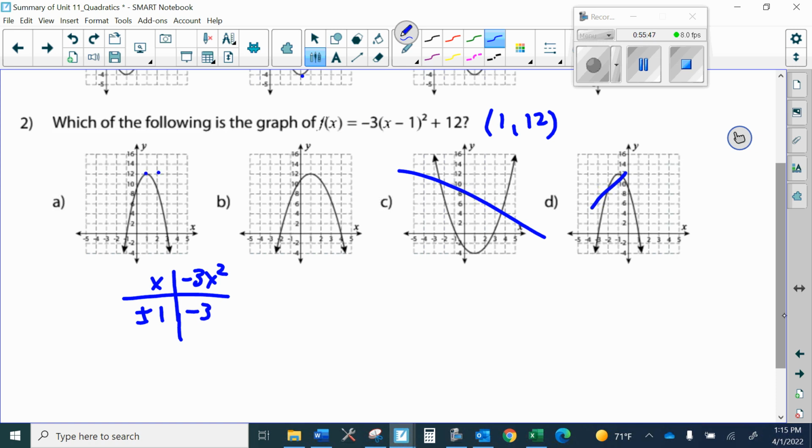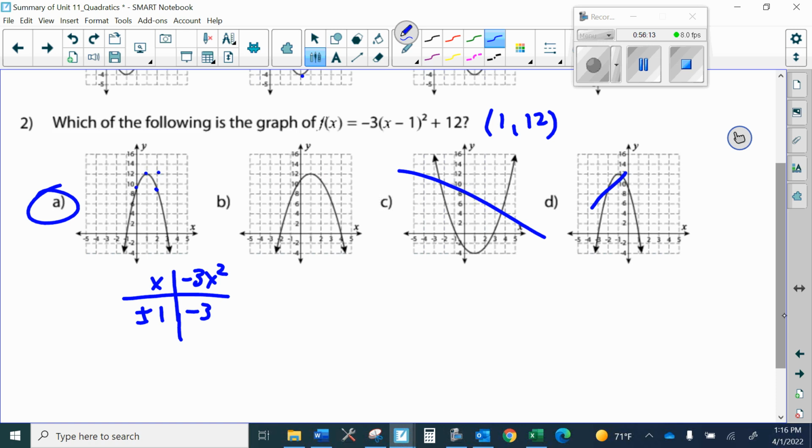I should be going down 3, and it's at 9 right there. 12 minus 3 is 9, and that does hit right there. Left 1, down 3 right there. So that tells me it's that one right here. Notice if I went right 1 here, I'm only going down 1. That's 11, not down 3. Okay, so again, there's how I can check that real quick.